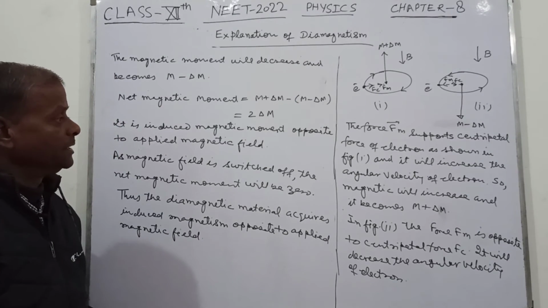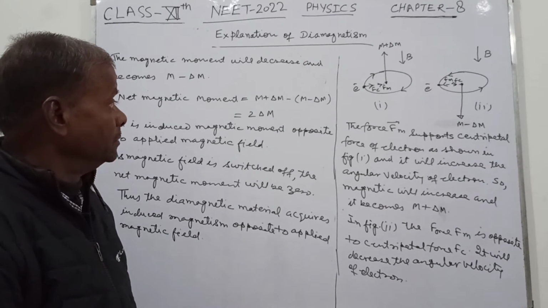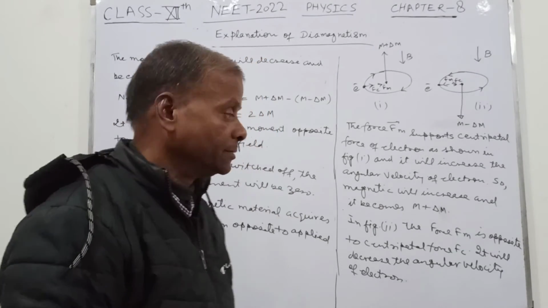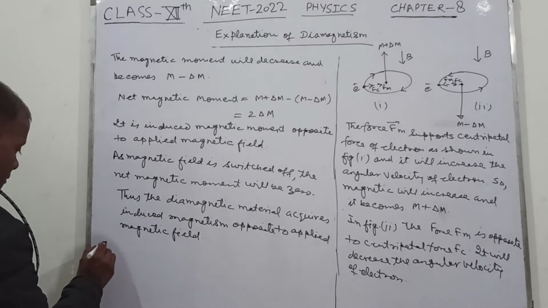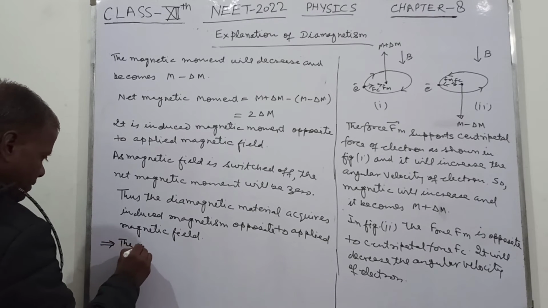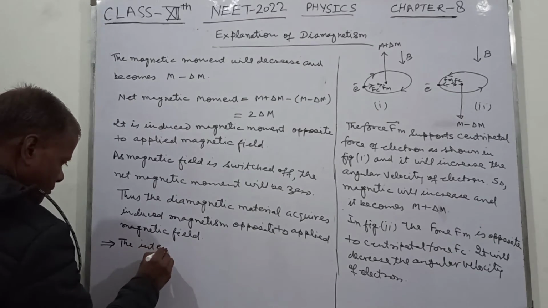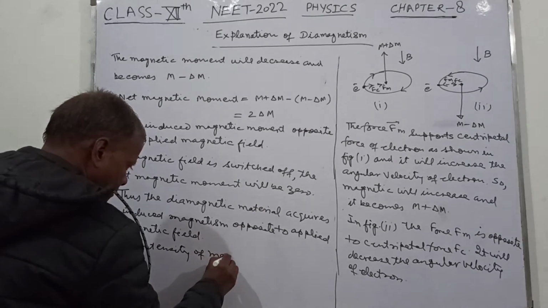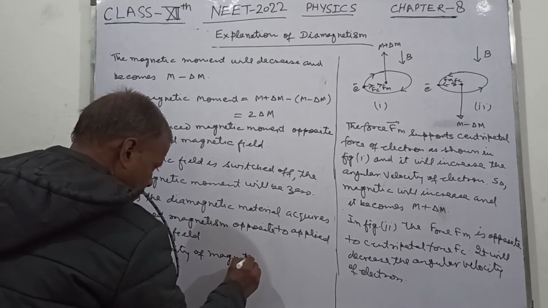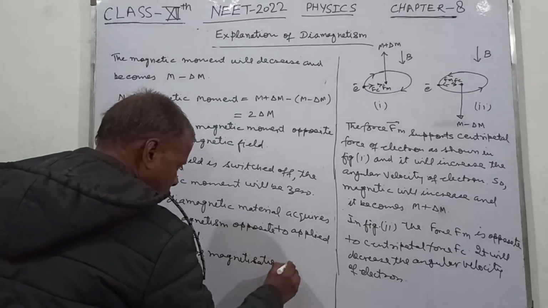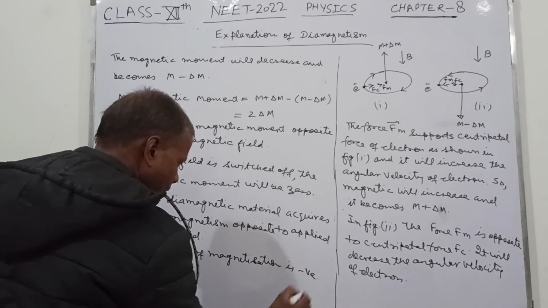Now we can show that the intensity of magnetization is negative for all such materials. The intensity of magnetization is negative.